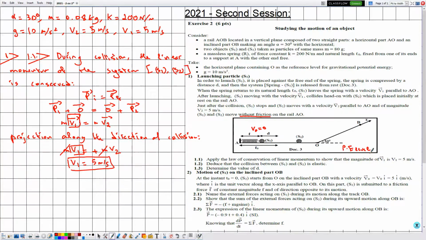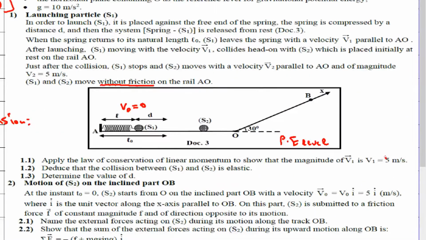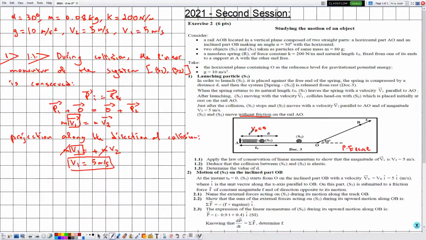Now this 5 meters per second, the speed gained by S1, which is the kinetic energy, is being gained by the compression of the spring. So now let's proceed. In 1.2, they are asking us to deduce that the collision between S1 and S2 is elastic, and this depends on the value of the kinetic energy of the system initially and finally.